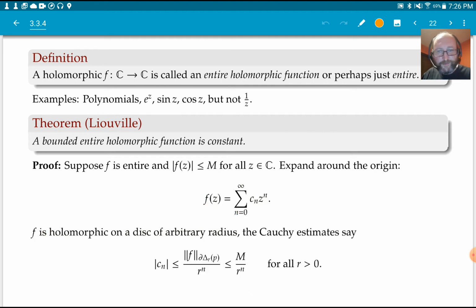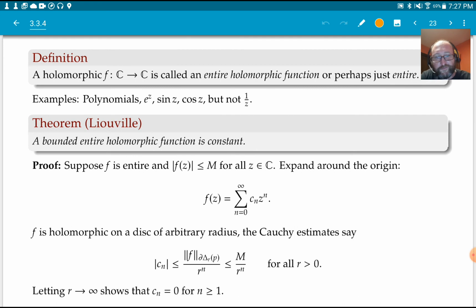And Cauchy's estimates say that the modulus of Cn is bounded by this M over r to the n. But whatever this is bounded by M. So I have that the coefficient is bounded by this thing for all r.